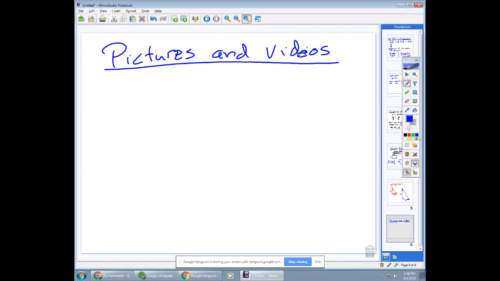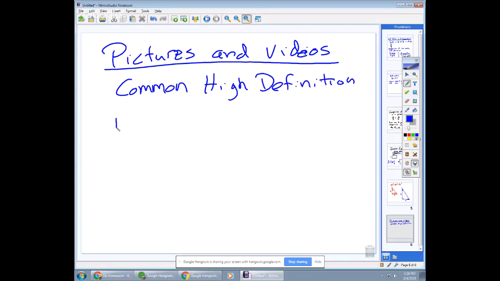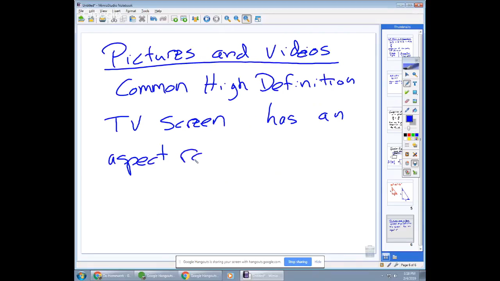So a common high definition TV screen is going to have what we call an aspect ratio of 16 to 9.